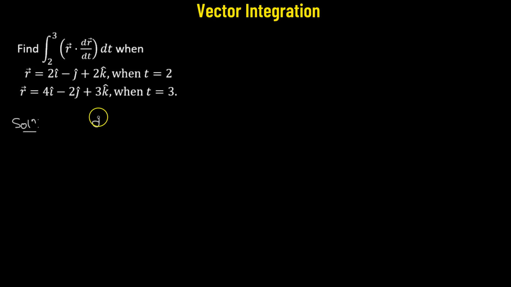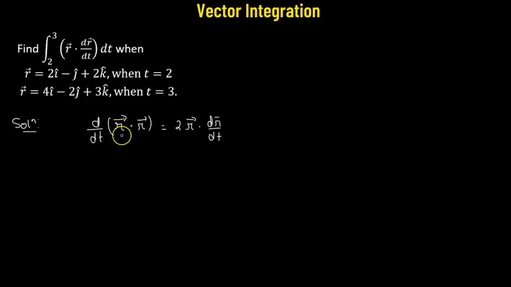That means when we take the derivative with respect to t of the scalar dot product between vector r with itself, then this is simply equal to 2 times r vector dotted with the first derivative of vector r with respect to t.